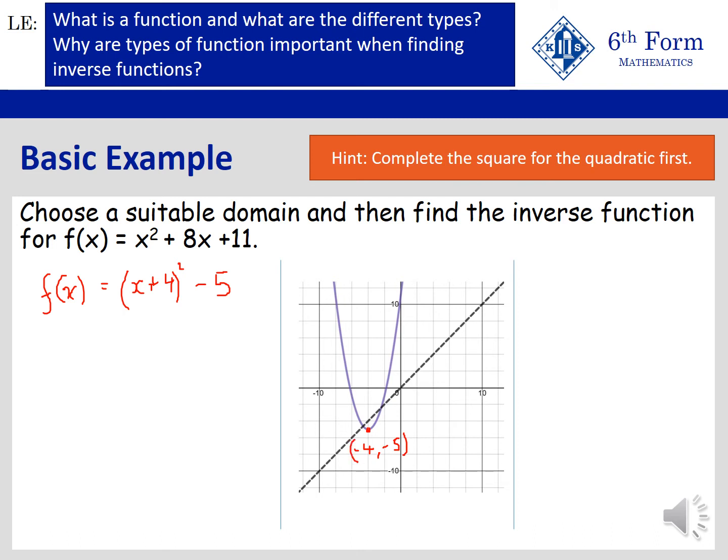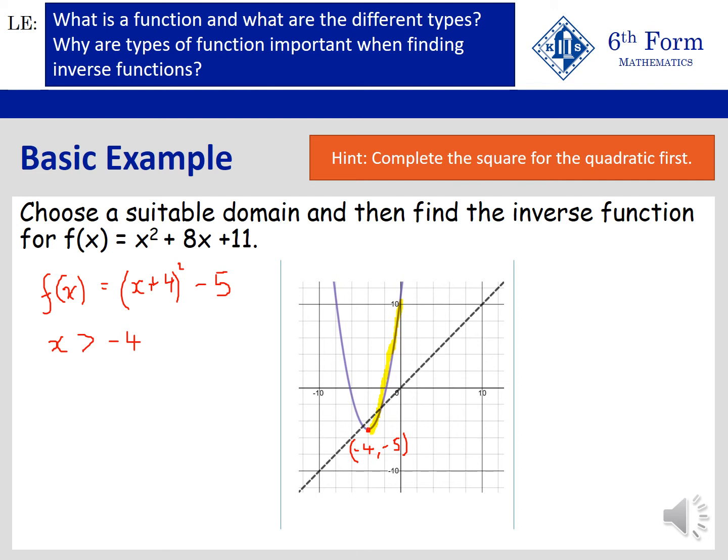So if we're going to restrict the domain, we've got two choices. I'm going to go for the positive side, so let's restrict our domain that x has to be greater than -4. We can consider the other solution after we've finished. So we're just considering this half of the curve, kind of in this direction.